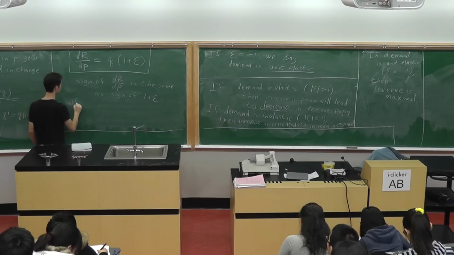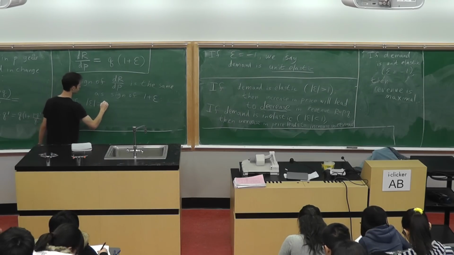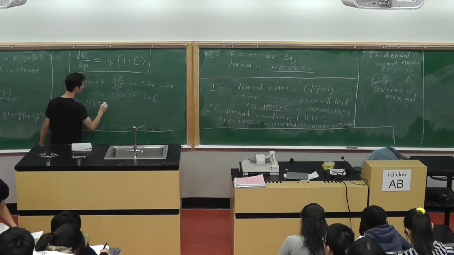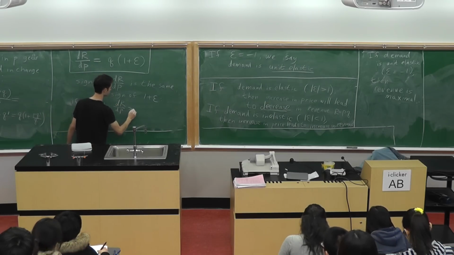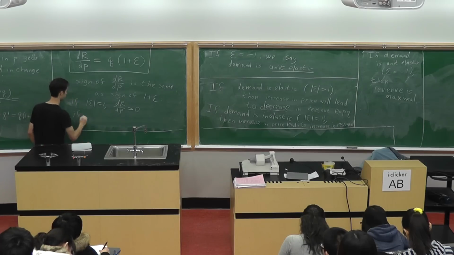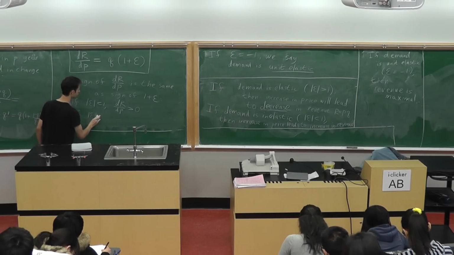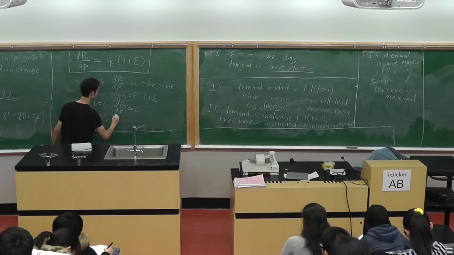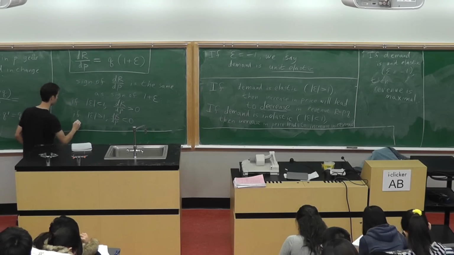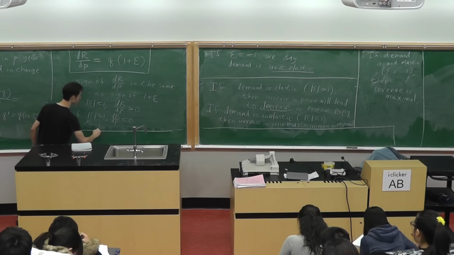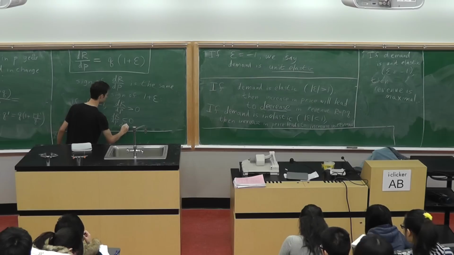Which means that if epsilon is smaller than 1, dR by dP is positive. If epsilon is greater than 1, dR by dP is negative. And finally, if epsilon is exactly minus 1, dR by dP is 0.